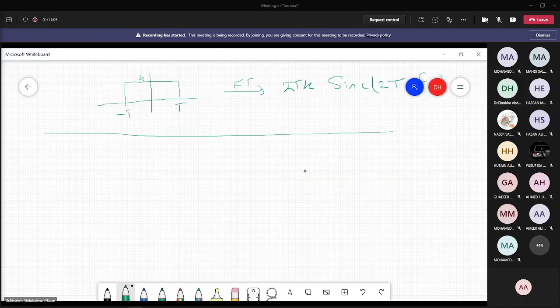So x of t, the Fourier transform is equal to x of f or x of omega. Okay, then the Fourier transform of dx of t by dt is equal to j omega multiplied by x of omega.